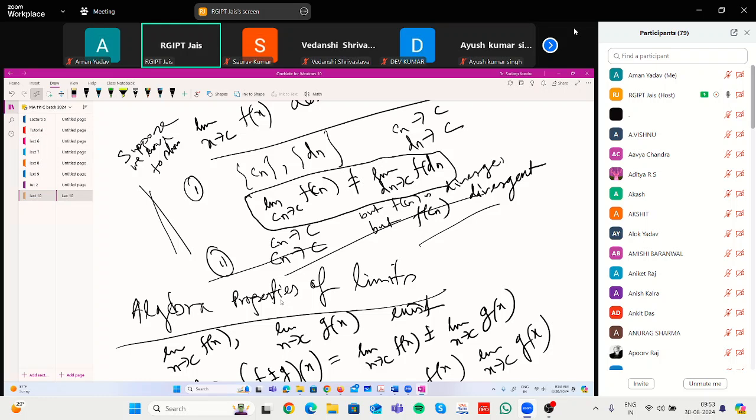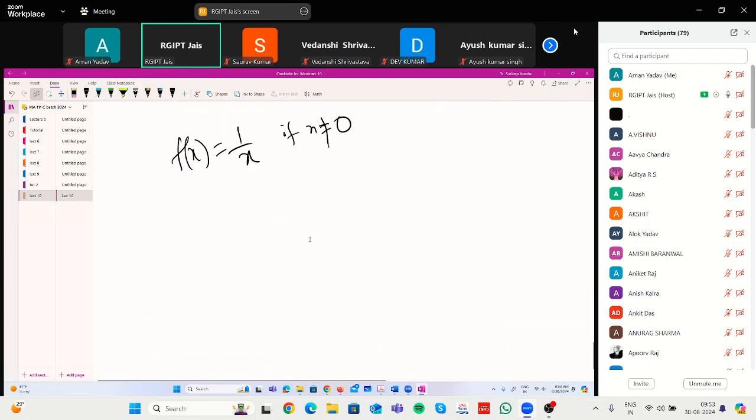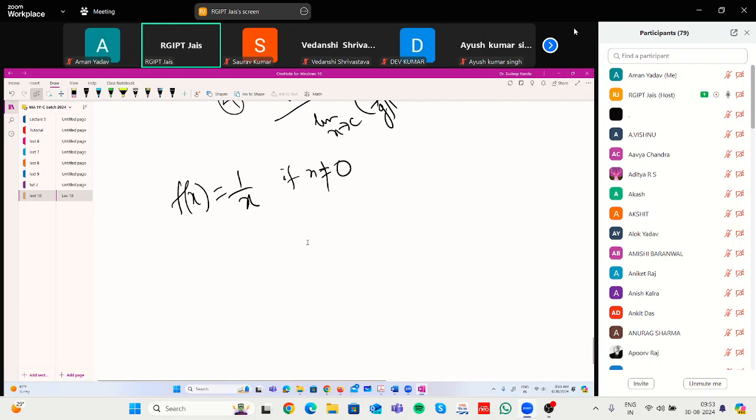Can you use this one? What Cn do you have to choose here? You have to check what is happening, right? What sequence do you have to choose? That at least you should tell.